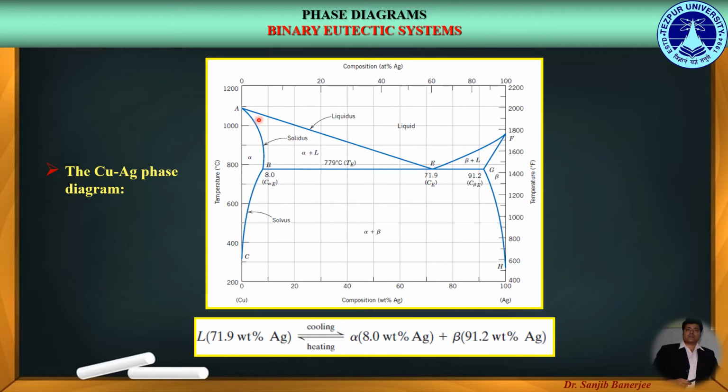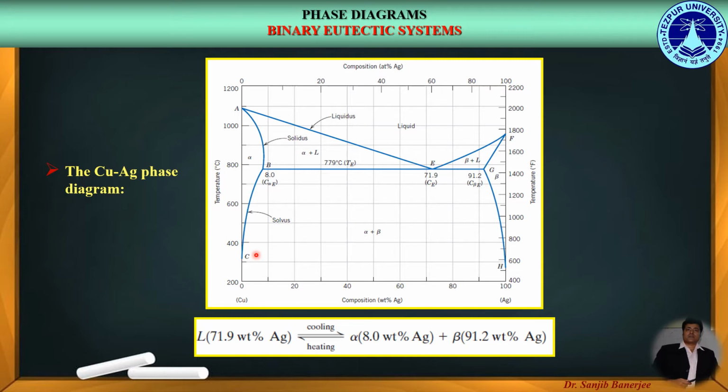This particular line across the liquid phase is called the liquidus line. This line across the solid solution phase of alpha or beta is called the solidus line, whereas this particular line in between the alpha or the beta phase and the combination of alpha plus beta is called the solvus line.